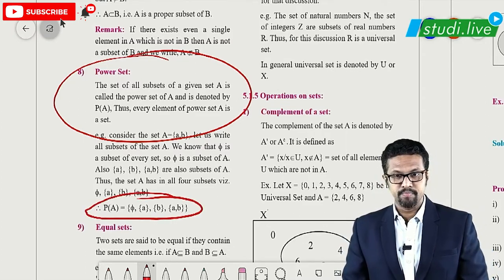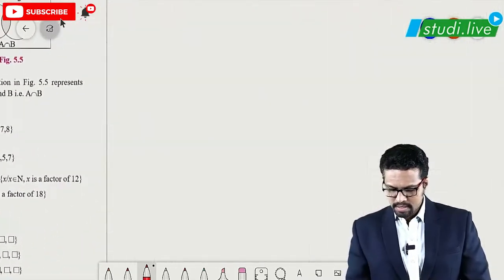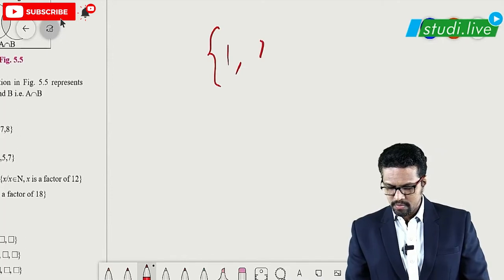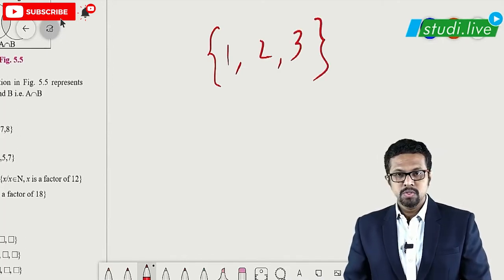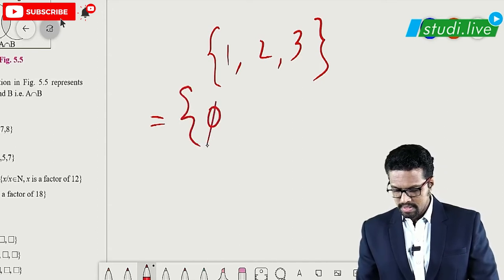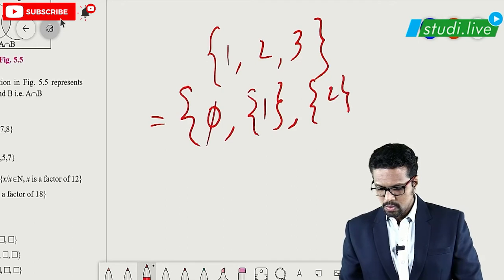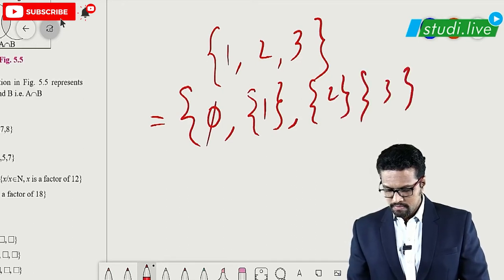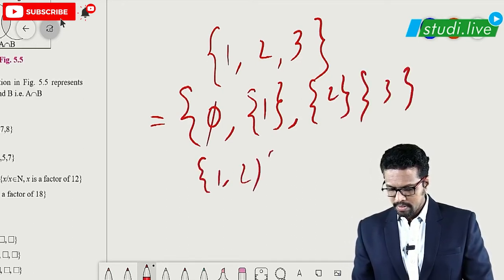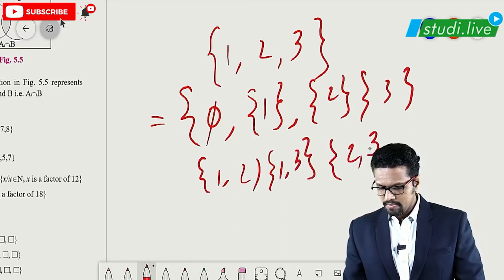If the question were to write the subsets of the set {1, 2, 3}, what subsets do we have? That would be the empty set, the singleton sets {1}, {2}, {3}, then {1, 2}, {1, 3}, {2, 3}, and we will also have {1, 2, 3}.